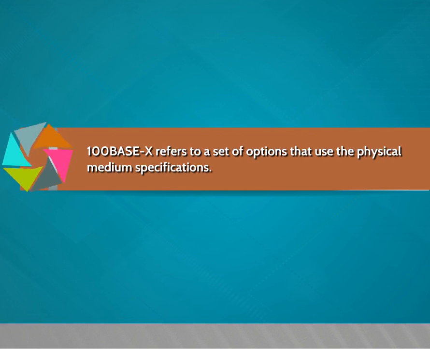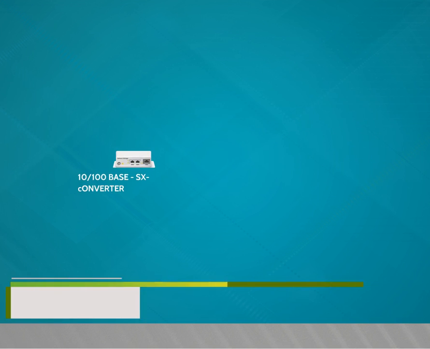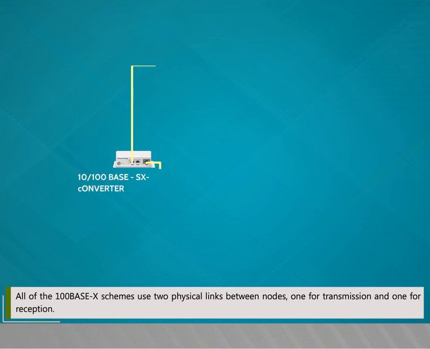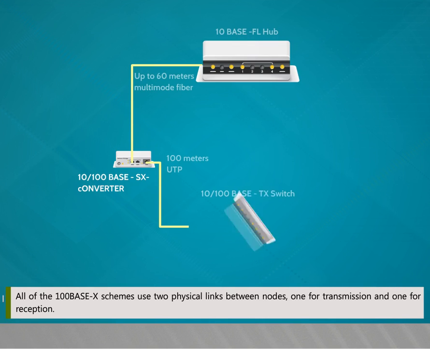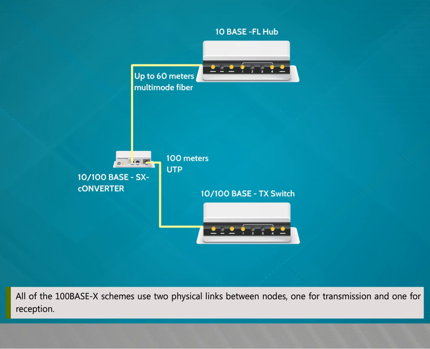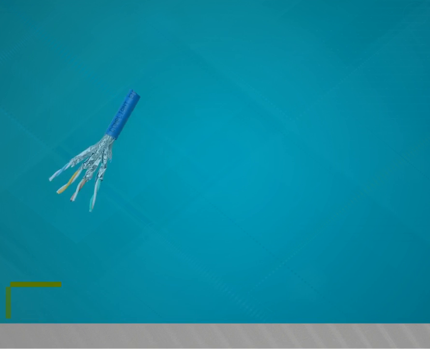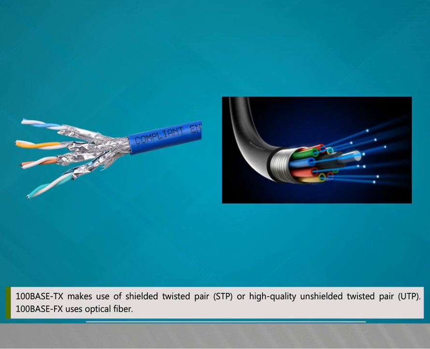100BASE-X refers to a set of options that use the physical medium specifications. All of the 100BASE-X schemes use two physical links between nodes, one for transmission and one for reception. 100BASE-TX makes use of shielded twisted pair, that is STP, or high quality unshielded twisted pair, that is UTP. 100BASE-FX uses optical fiber.